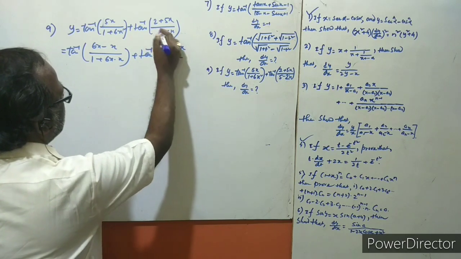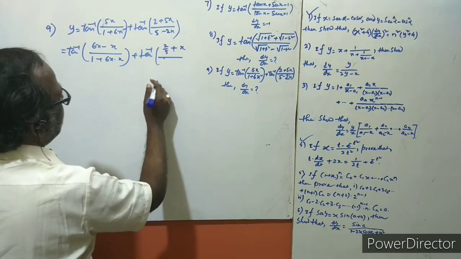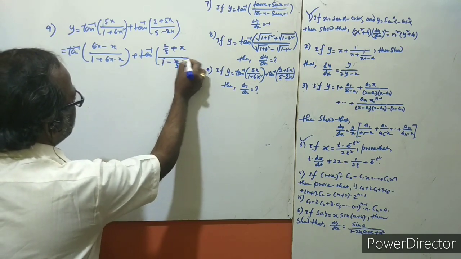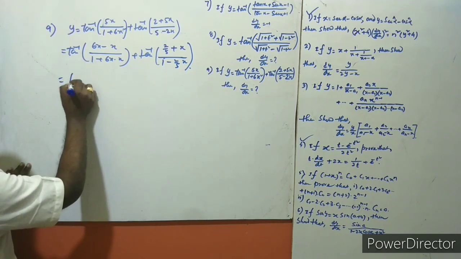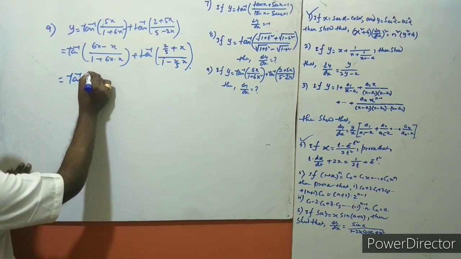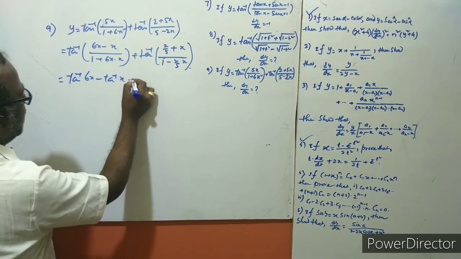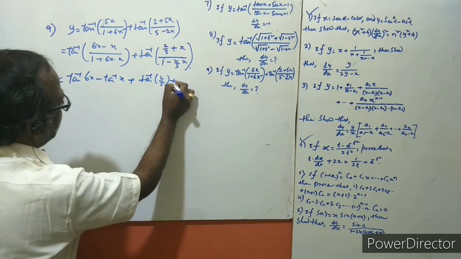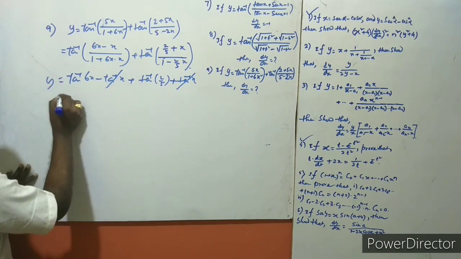Divided by 5 on numerator and denominator, then we get here 1 minus 2 by 5 into x. Then you get tan inverse 6x minus tan inverse x, and again tan inverse 2 by 5 plus tan inverse x. So these are cancelled, this is our y.